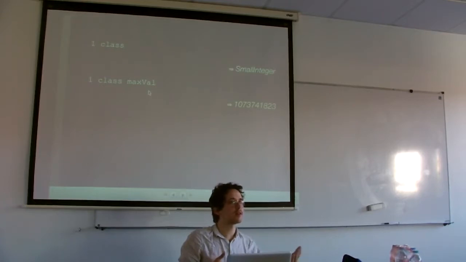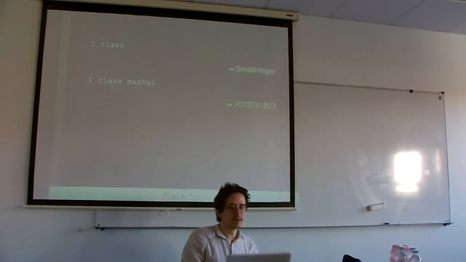There is the instance side, which is the list of messages that the instances of the class understand, and the class side, where you can implement methods for the class. So instead of having a special concept of static method, you just have a method, but it's not the object that receives it, it's the class.